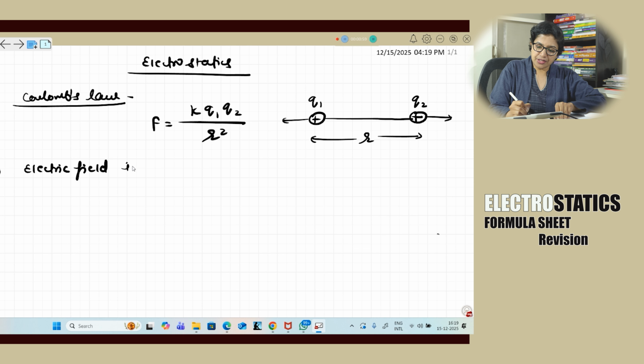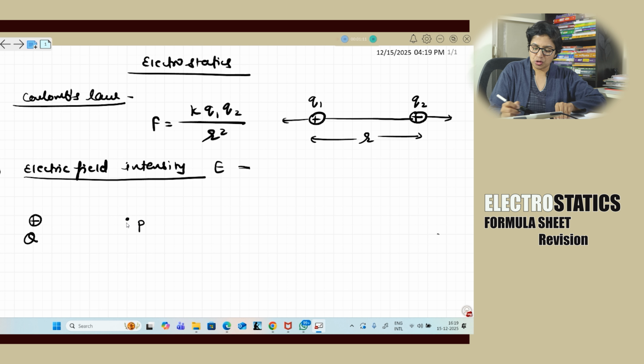Second is electric field intensity, which is given by the symbol E. Due to any point charge, suppose you have a positive charge of magnitude q. At this point P, you want to find the electric field intensity. You know that the electric field line goes away from the positively charged particle. What does it mean?